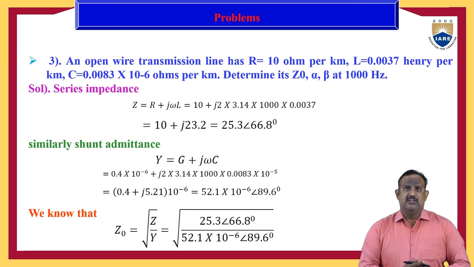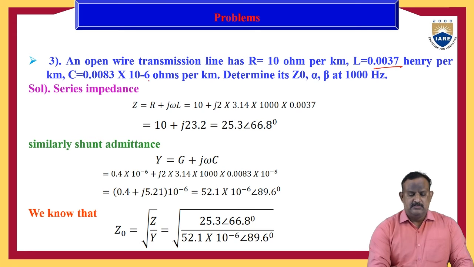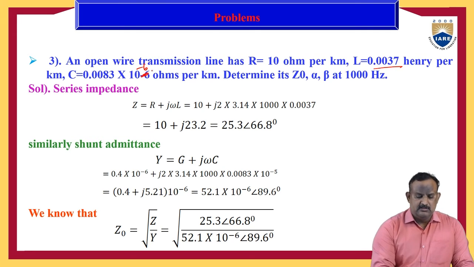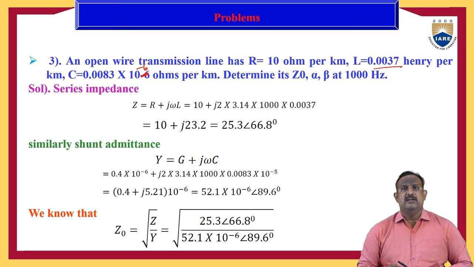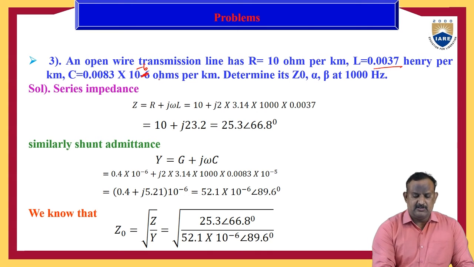Next problem. An open wire transmission line has R equal to 10 ohms per kilometer, inductance 0.0037 henries per kilometer, and capacitance C equal to 0.0083 into 10 power minus 6 farads per kilometer.